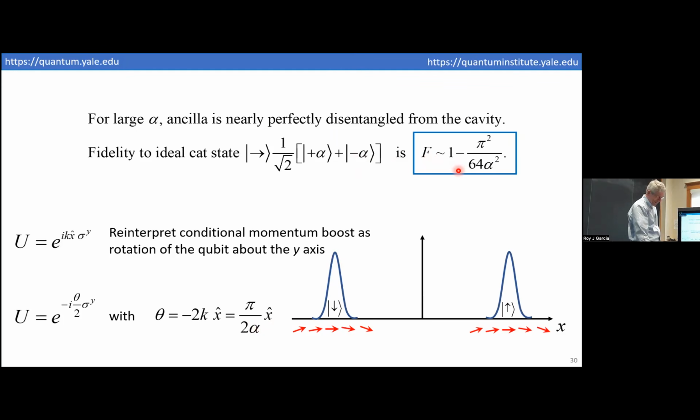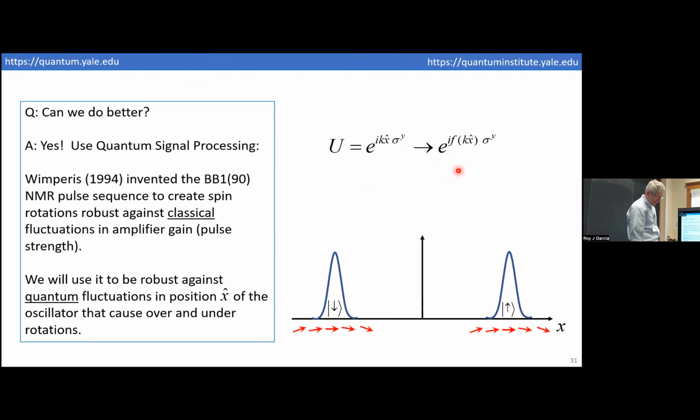Well, here comes the quantum signal processing, or the NMR composite pulses. So Paris invented something called the BB1 NMR pulse, which makes a pi over 2 rotation, even if the pulse you give it is slightly bigger or smaller than pi over 2.